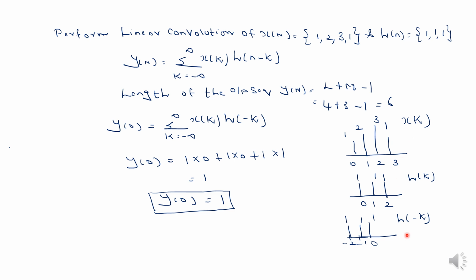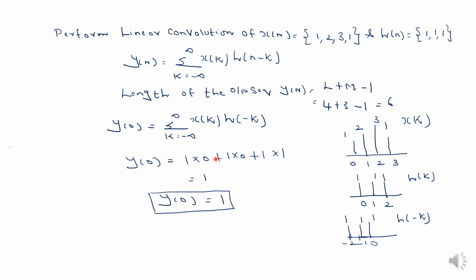So h of minus k starts from k is equal to minus 2 and the value here is 1. But if we look at the x sequence, for k is equal to minus 2 we don't have any value at all, therefore I have considered it to be 0. Therefore, y of 0 is equal to 1 into 0, plus, for k is equal to minus 1, 1 into 0, plus, for k is equal to 0, 1 into 1.